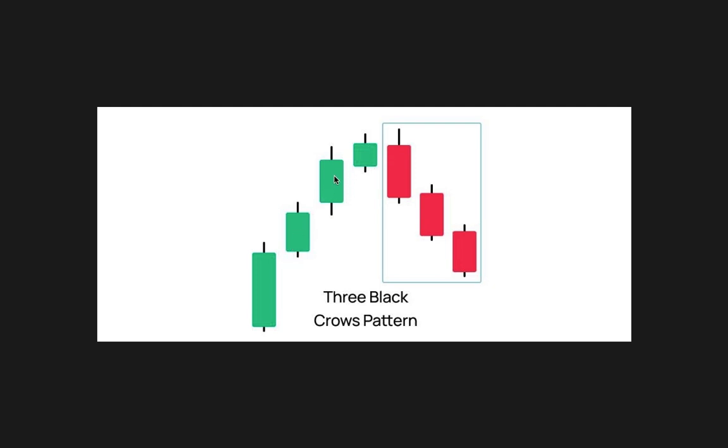The market starts going up, then you see three red candlesticks with or without wicks. You should know that this is three black crows forming. The market is going to go down a bit or very deep. So it's just a reversal candlestick.